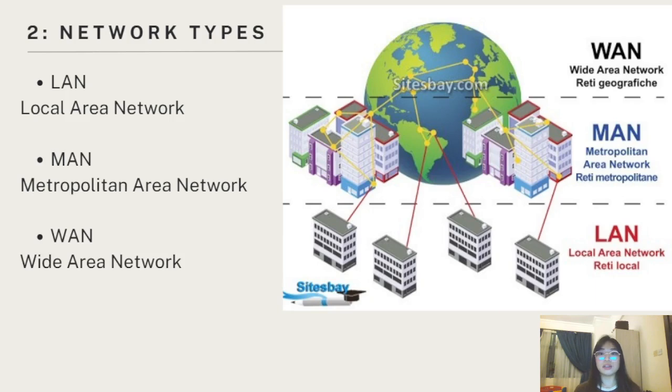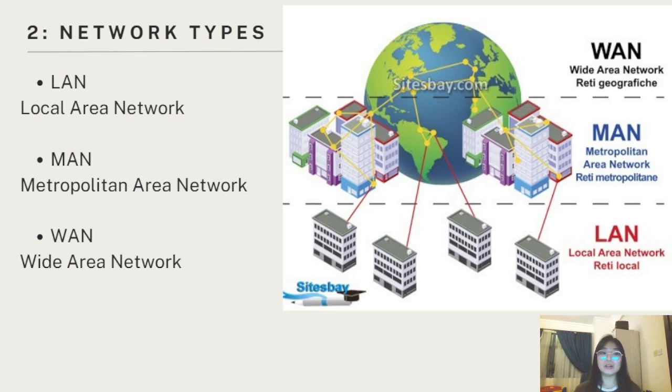Here we have LAN or local area network, MAN or metropolitan area network, WAN or wide area network. So LAN is a network covering a smaller area like a home or office, offering higher speed connection.